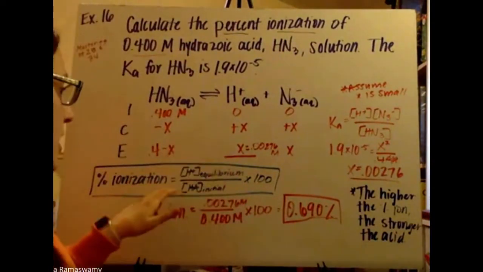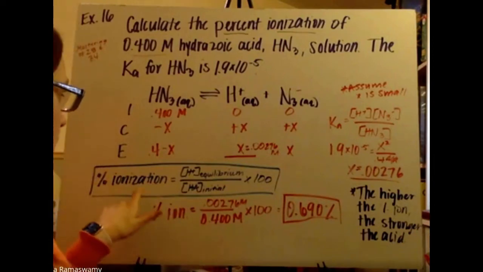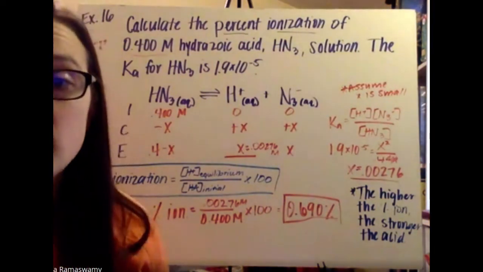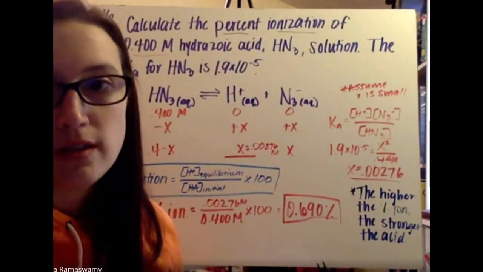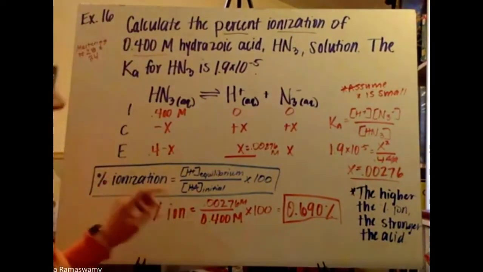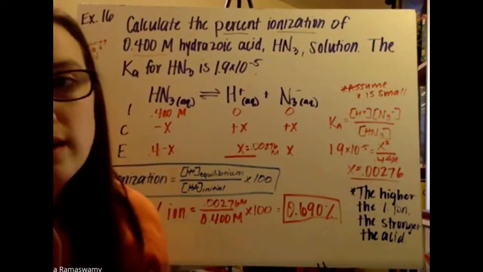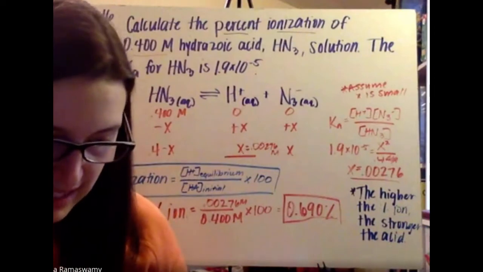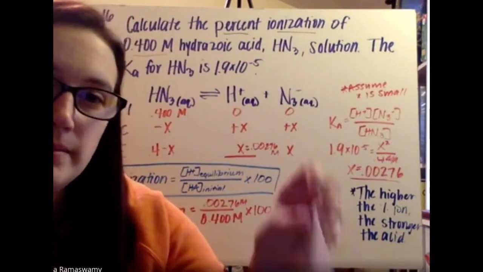But instead of pH, we were calculating percent ionization. Again, make yourself a note. Percent ionization is a formula that you need to know, but is not on the equation sheet. So percent ionization is H+ concentration at equilibrium divided by the initial concentration of the acid. Any questions?